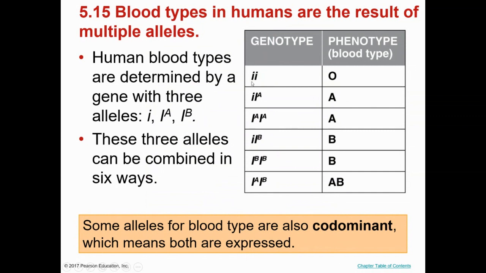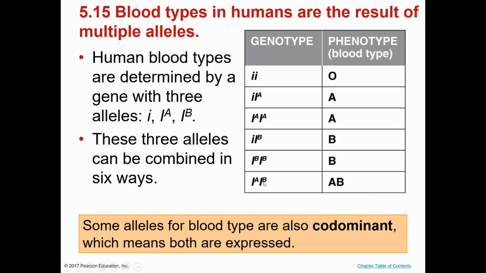Only if you have two little i alleles will you have blood type O. If you have one A allele and one little i, you still have blood type A, and that would be heterozygous blood type A. This one gets a little confusing because the genotype is very similar to the phenotype, because of what we name our blood typing system. With B, you could be big B, big B, or big B and the little i, and that would give you blood type B.